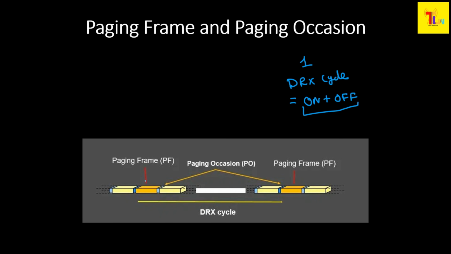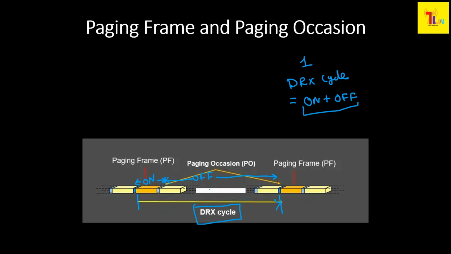So see, this is your on duration, and from here to here is the off duration. So one on plus one off duration we call one DRX cycle.